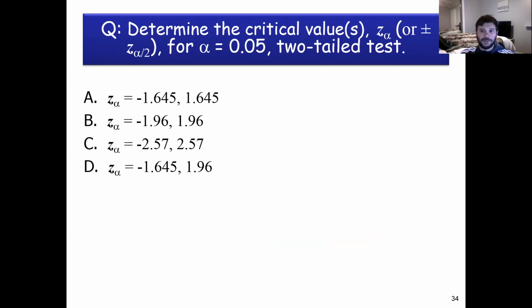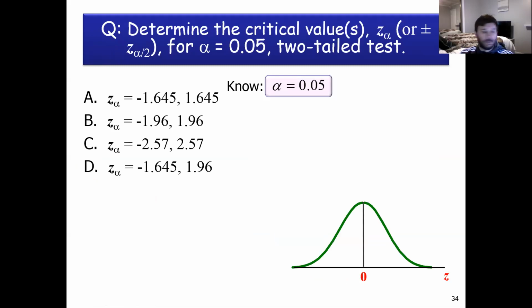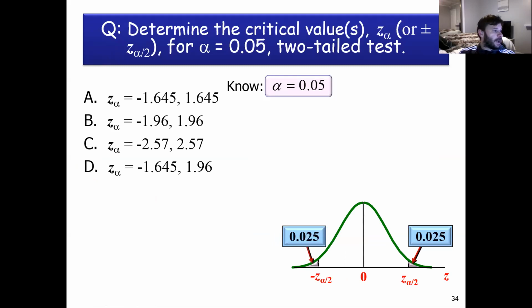Now remember, if you have a two-tailed test, you're going to have to take that significance level and split it in half, because we're going to allow some probability in either tail, right? In the two-tailed test, we're allowing ourselves to say how far away is far enough, not in one direction, but in both directions.